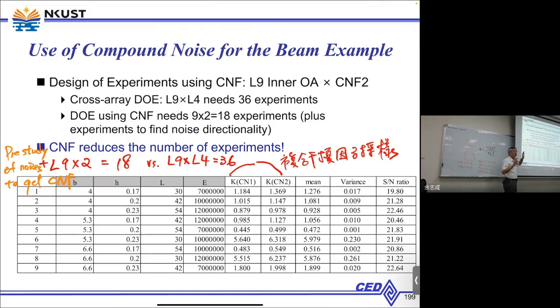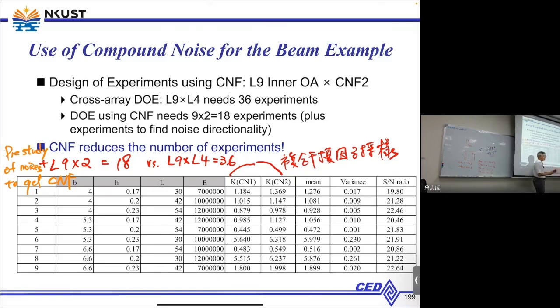And we assume these 2 directions, or these 2 combinations, will be the same, which means that, for instance, like design number 9, the compound noise level 1 will have the smallest output. Compound noise 2 will have the largest output.